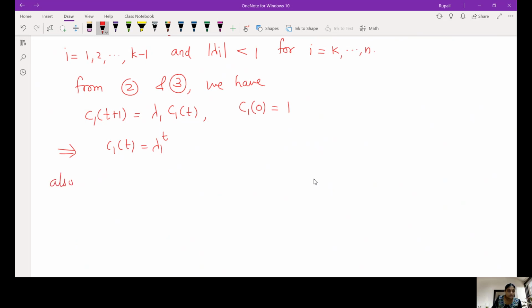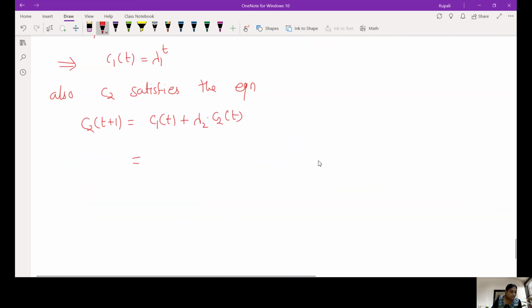Also c_2 satisfies the equation c_2 at t plus 1 equal to c_1(t) plus lambda_2 times c_2(t).